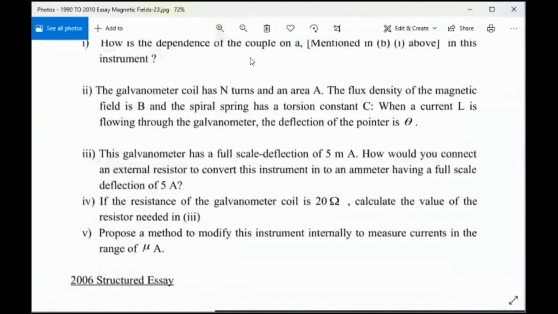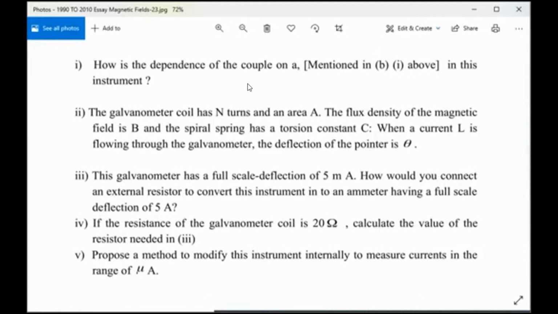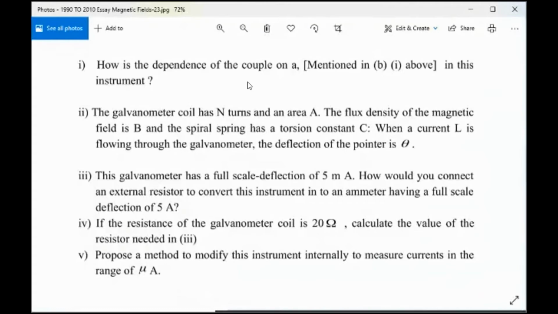How is the dependence of couple mentioned in Sample B Roman number 1 above avoided in this instrument? So it means there's a small mistake in the question, I think. Let me check.